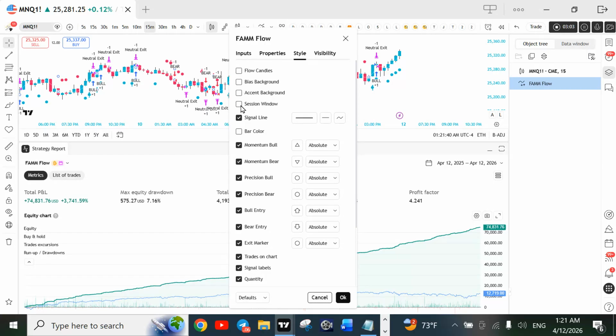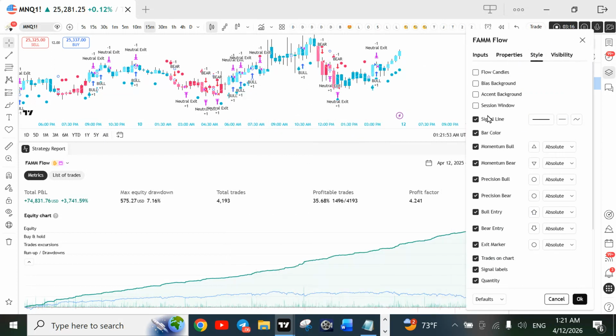I want you to uncheck all of these and style. Uncheck all of those, uncheck the bar color. This is what the bar color looks like right now. But you can uncheck that, have a normal session window. That's what that looks like.